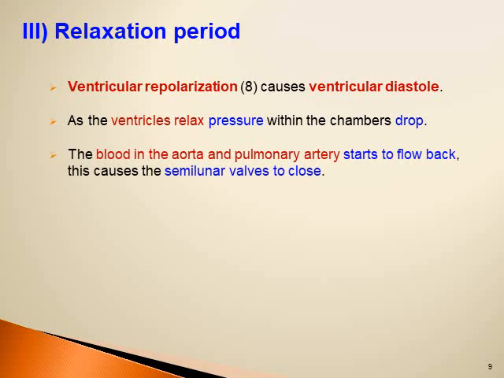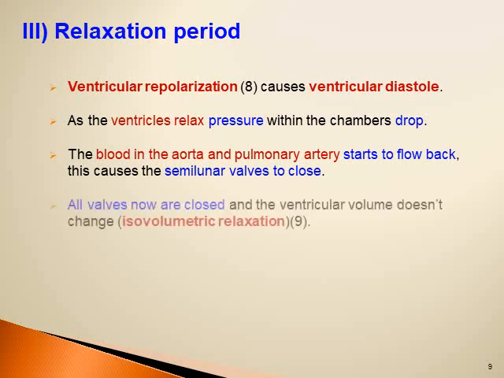The blood in the aorta and pulmonary artery starts to flow back, and this causes the semilunar valves to close. So both the aortic and the pulmonary valves will close at the beginning of ventricular repolarization or of ventricular diastole. All valves now are closed and the ventricular volume doesn't change, and this is called isovolumetric relaxation.